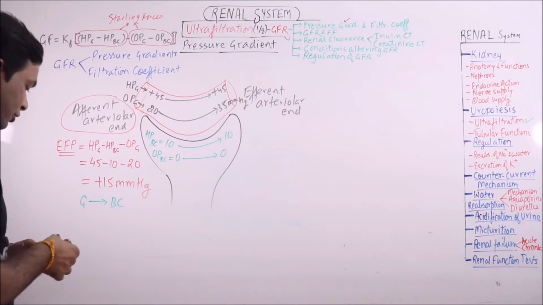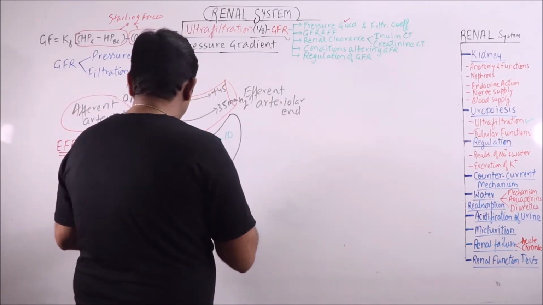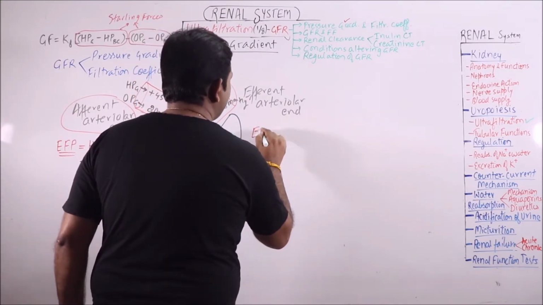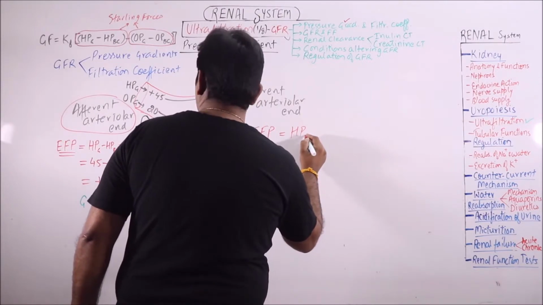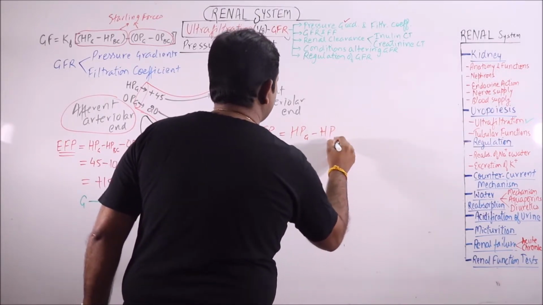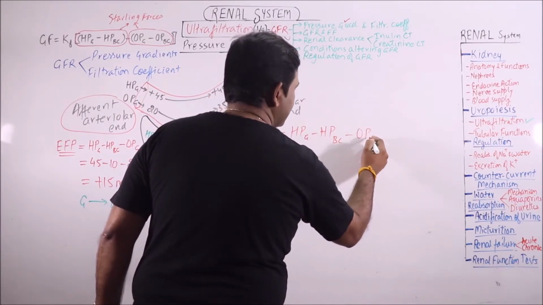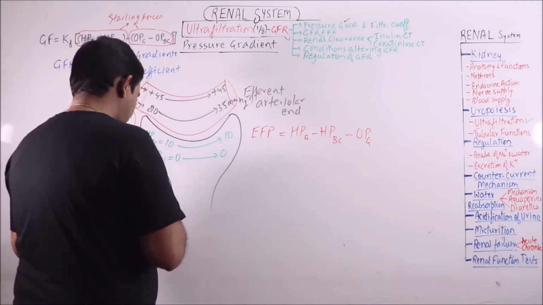Now the efferent arteriolar end. At the efferent arteriolar end, again the effective filtration pressure will be hydrostatic pressure in the glomerulus minus hydrostatic pressure in the Bowman's capsule minus osmotic pressure in the glomerulus.